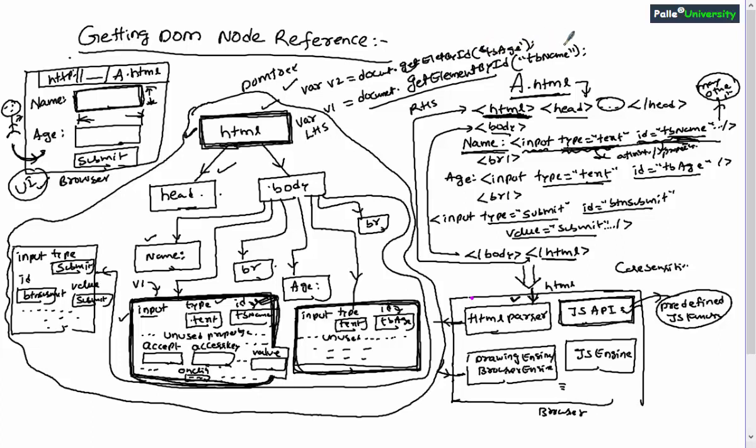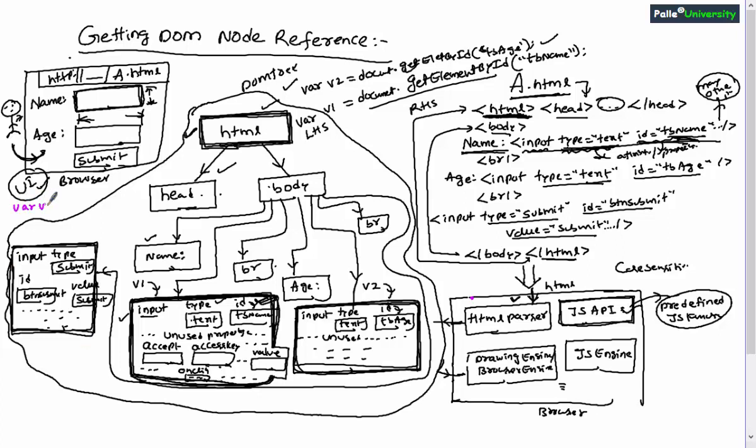Similarly, for some reason I wanted to get the node reference of this text box. Anyhow, you remember, once this code is executed, the v2 variable will automatically be created and will start pointing to this node. Similarly, I wanted to get the reference of this button control node. So guess how to write the code? Tell me the code. Very simple.